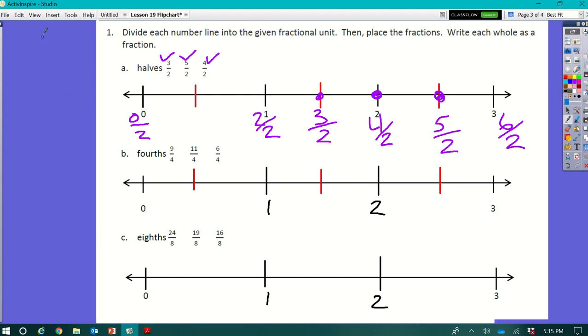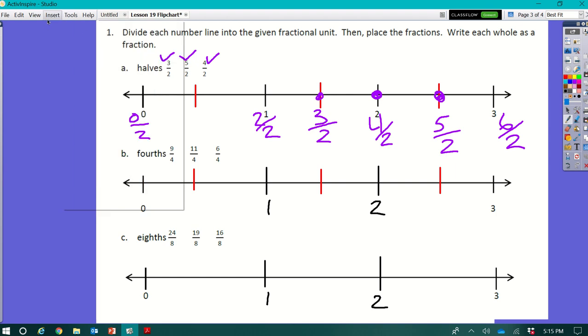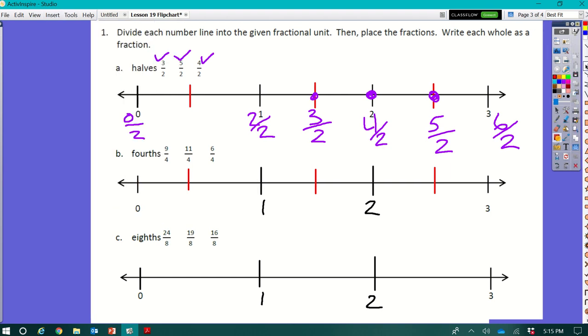Okay, so let's go back to making those into fourths. So I'm going to, where's my shape? Whoops, sorry, insert shape. I'm going to do my lines. And this time I'm going to make them blue. Okay, so I did it in half. So from 0 to 1, I divided it in half.